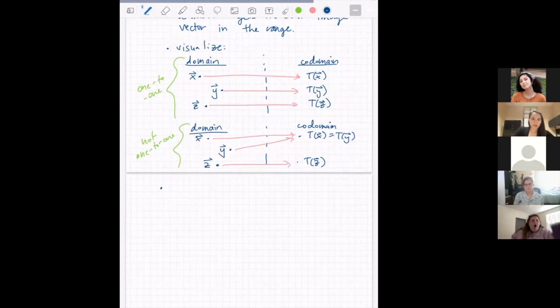Other ways we can think about this, in terms of linear transformations, thinking about that equation T of x equals b. This means that for every b in the codomain Rm, T of x equals b has at most one solution.